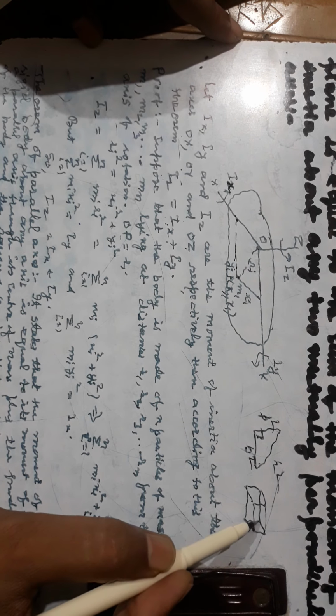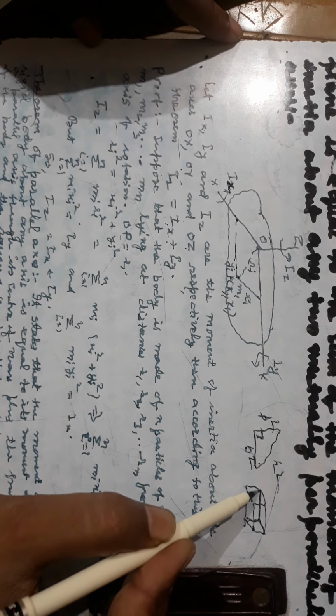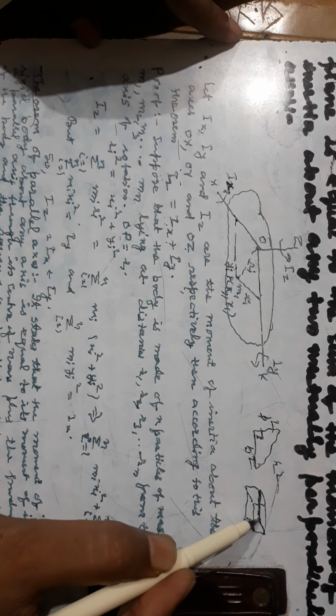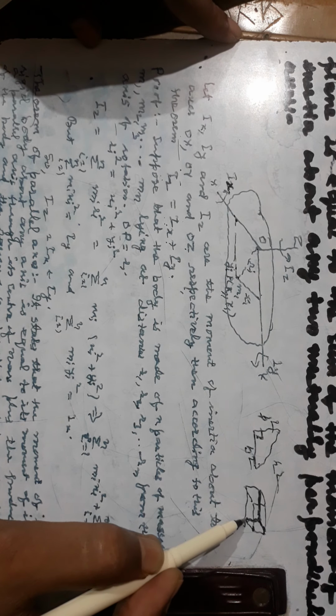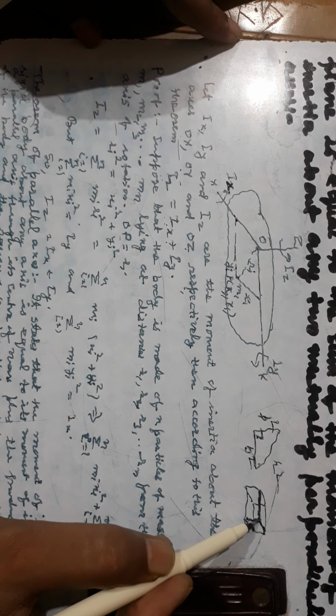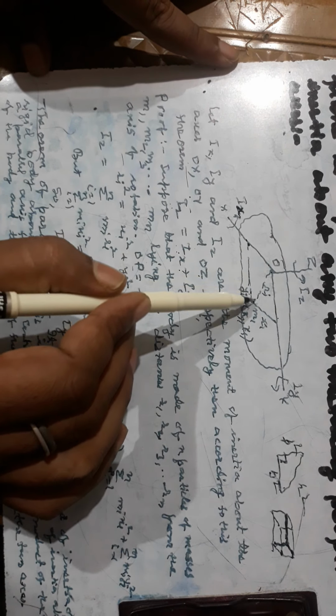Suppose you have taken an origin here, this direction and this direction are all mutually perpendicular. If you observe a wall closely, you will see that all are perpendicular. Very simple thing.